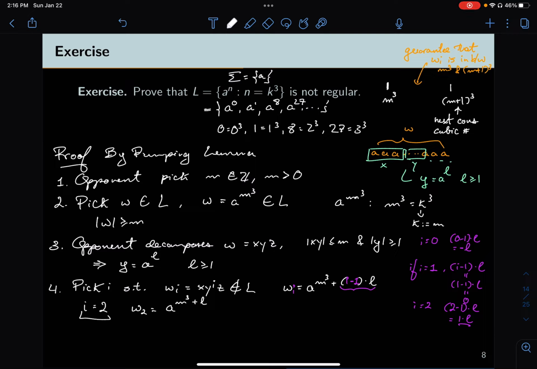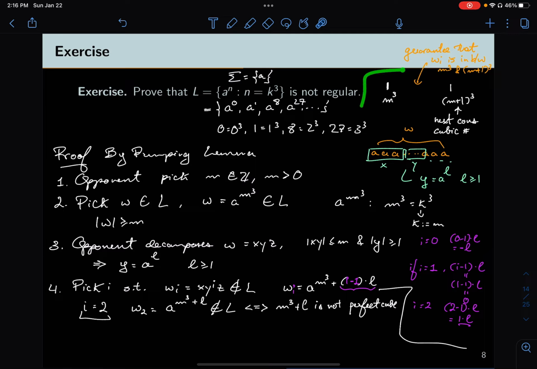But now the actual proof, or I guess this is a subproof within a bigger proof, is that I need to show that this is not in L. To do that, I need to show that m cubed plus L is not a perfect cube. And like I said, I'm going to use this idea: m cubed plus L has to be in between, where it's not equal to the lower bound and not equal to the upper bound.